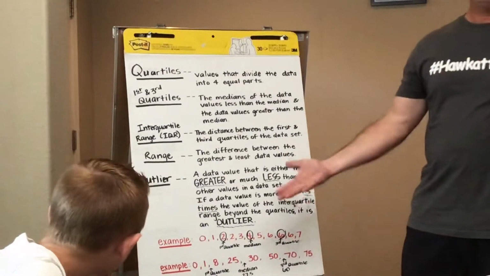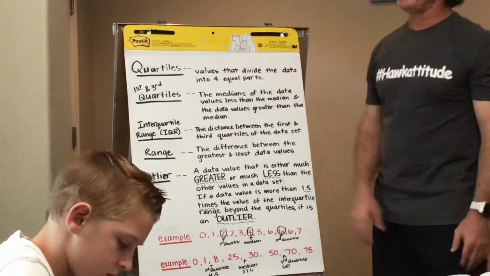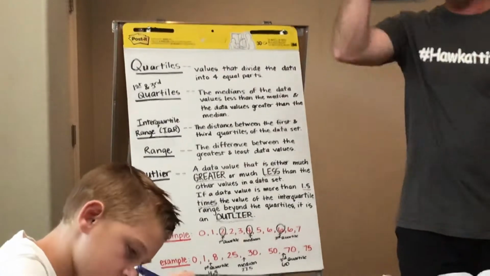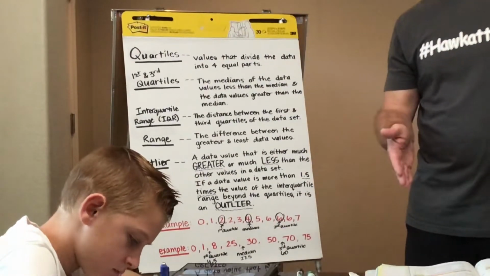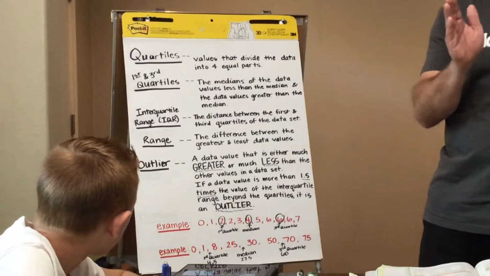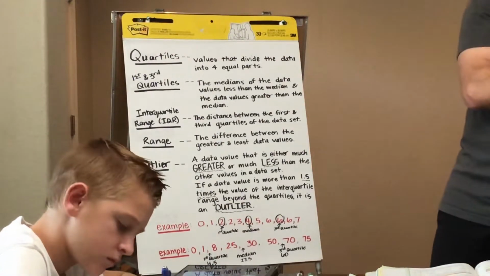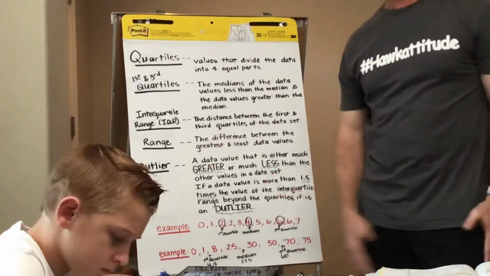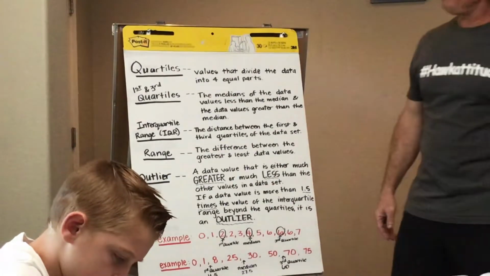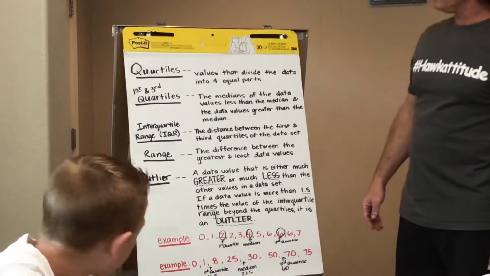So that's going to give you a little bit of a hint on how we're going to find quartiles. We're going to split it in half. And then we take that half that we just split and we cut that in half again on both sides. And now all of a sudden you have 4 pieces. Okay? That's how we're going to find those quartiles.